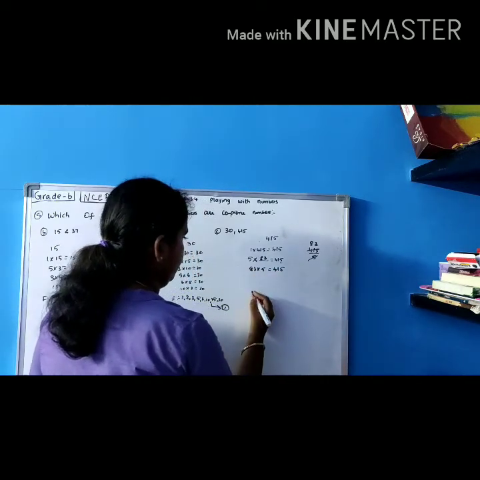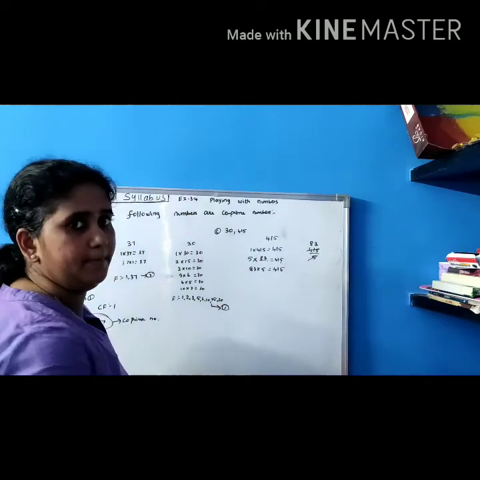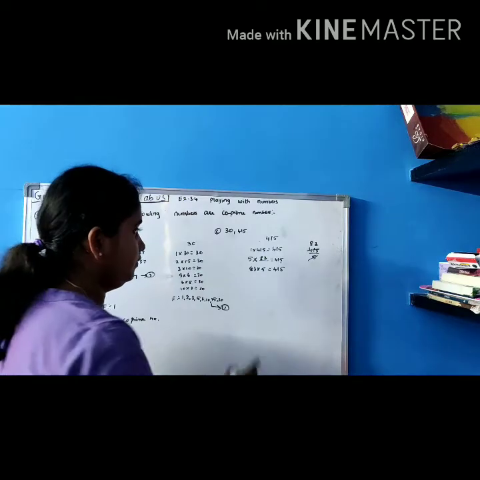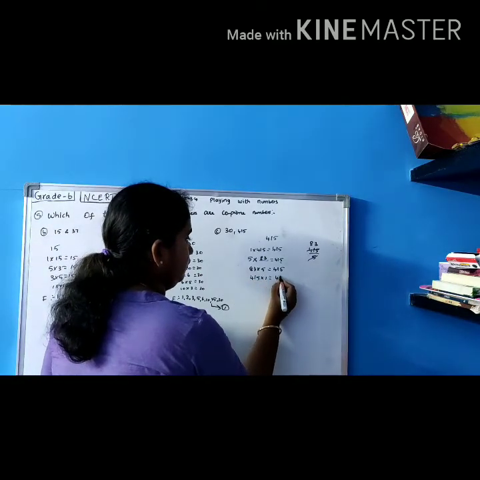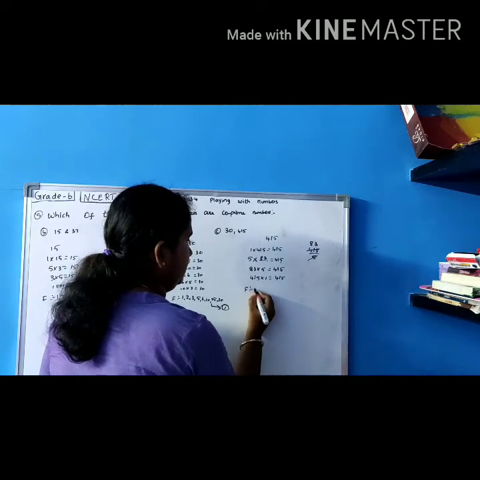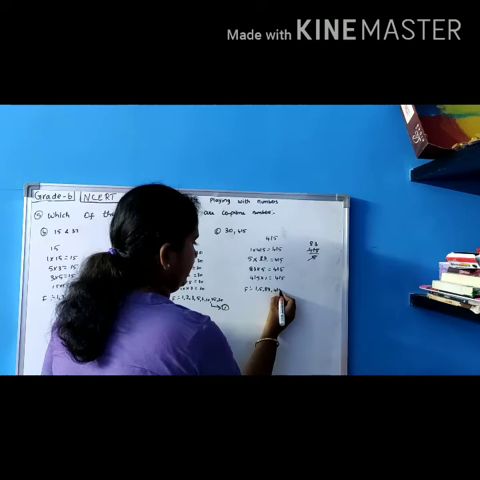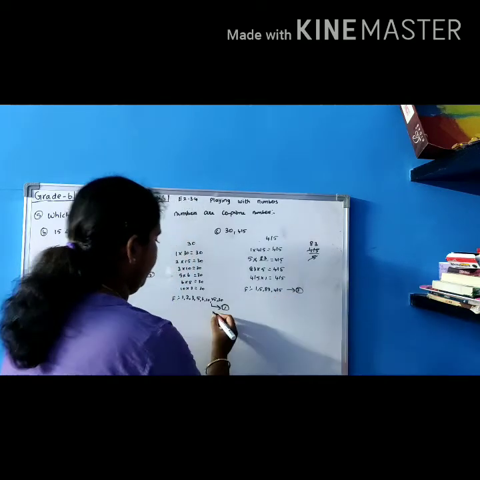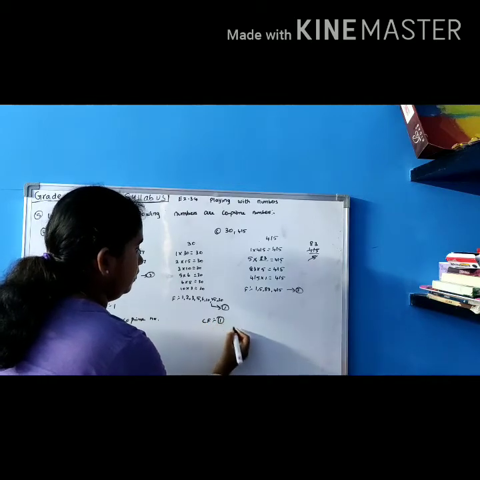This is enough, because on comparing, only 1 is going to come. So you write 415 into 1 equal to 415. Now factors are 1, 5, 83, 415. So this is 2. On comparing 1 and 2, I am getting the common factor as only 1.